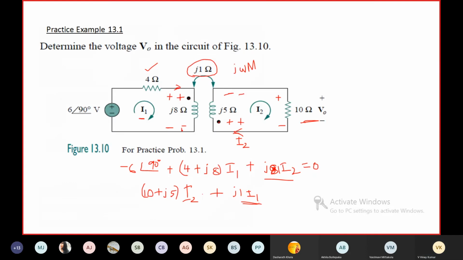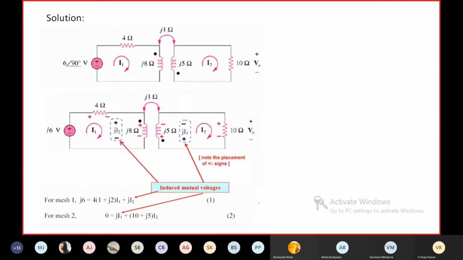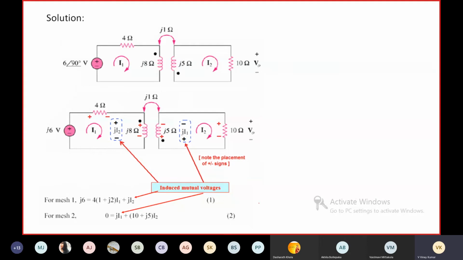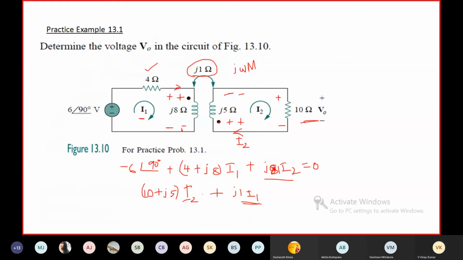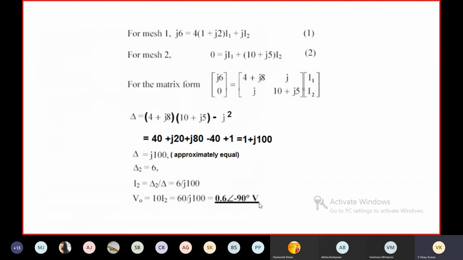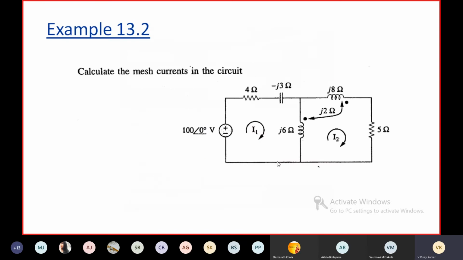You can check. Minus 6 at an angle 90 degrees means minus j6. Two equations are correct, right? After solving these equations, you use Cramer's rule. You are going to get the matrix form like this. Use Cramer's rule to find I1 and I2.